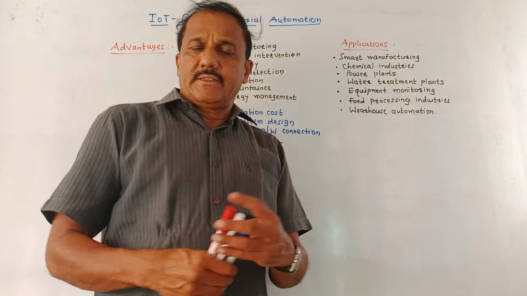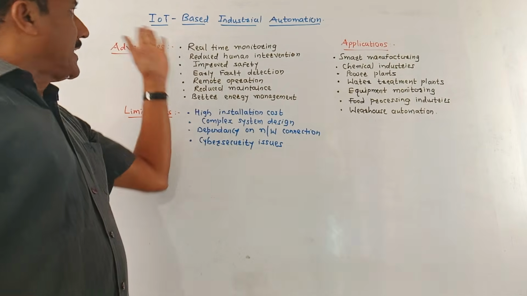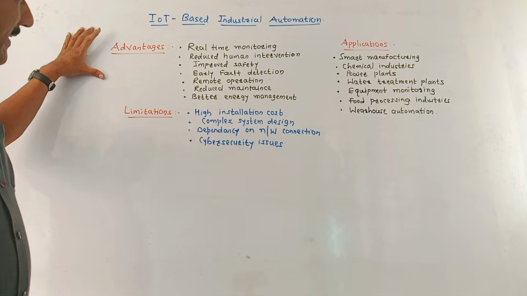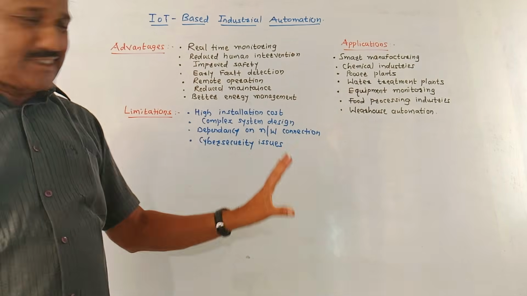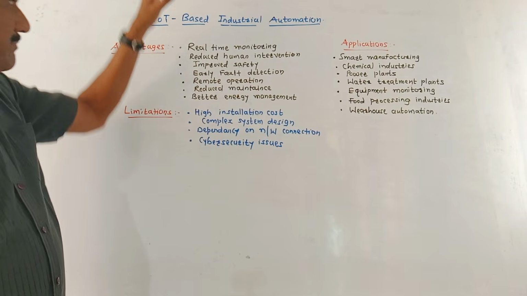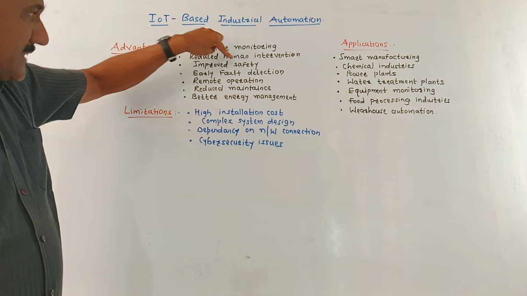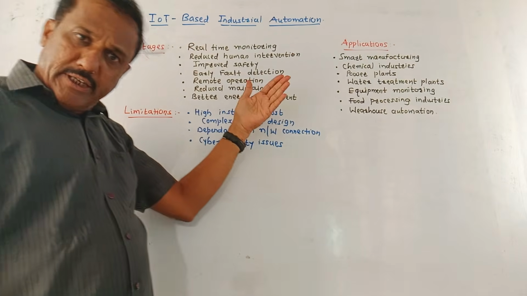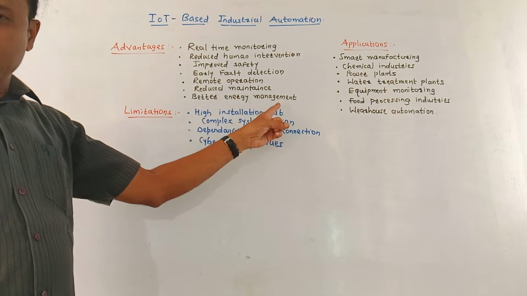Now let us discuss advantages, limitations, and applications of this IoT-based industrial automation system. Advantages, I already explained a few while discussing the block schematic. So it is a real-time monitoring system, then reduced human intervention, improved safety, early fault detection is possible, remote operation is possible, then reduced maintenance and better energy management.